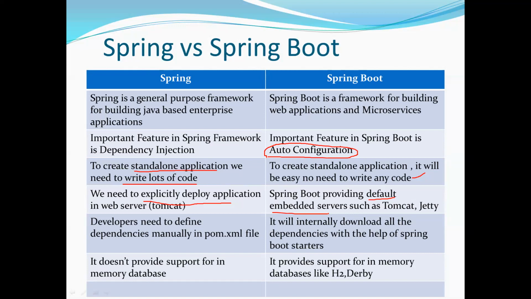Around 10 to 15 dependencies you should define in your pom.xml file in the Spring framework. But in Spring Boot you don't need to do anything. Spring Boot gives Spring Boot starters. If you add a web starter, that's enough. All 10 to 15 dependencies will be downloaded into your class path. That is hugely popular, and it is easy for learning also.